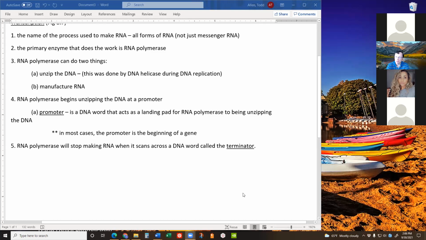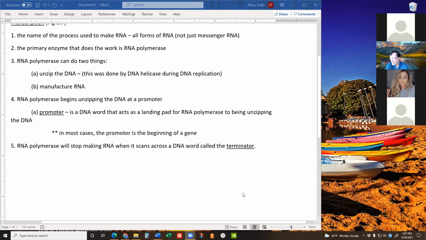Before I leave the topic of transcription, it might be useful for you to think about how similar DNA replication and transcription really are, right? Both processes involve unzipping the DNA. Both processes involve sort of a start signal. For DNA replication, that was the origin of replication.